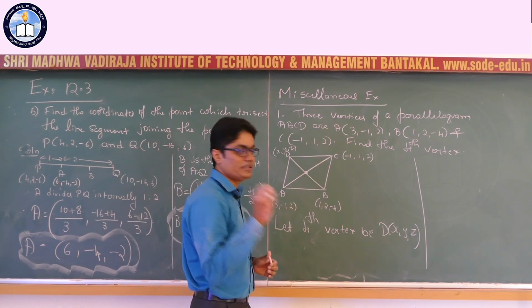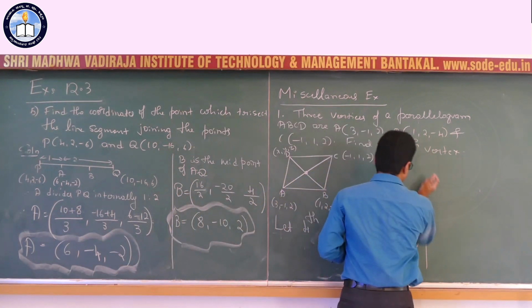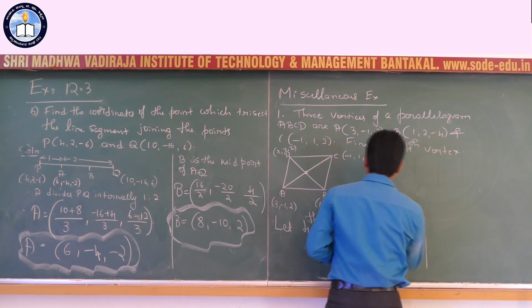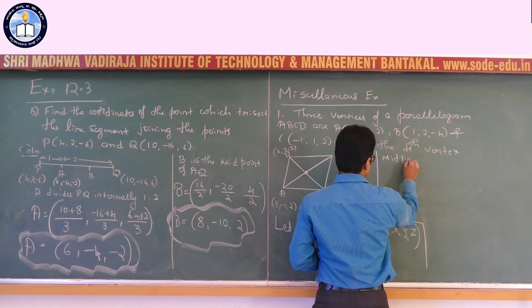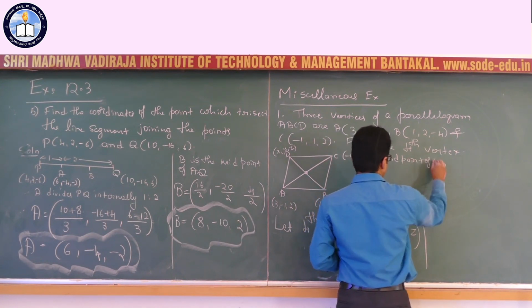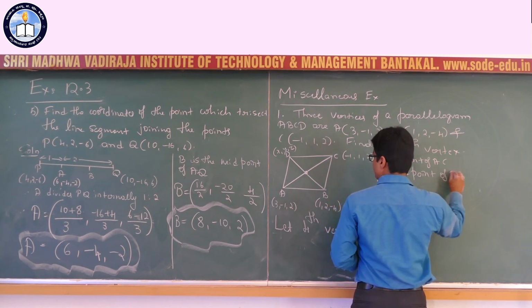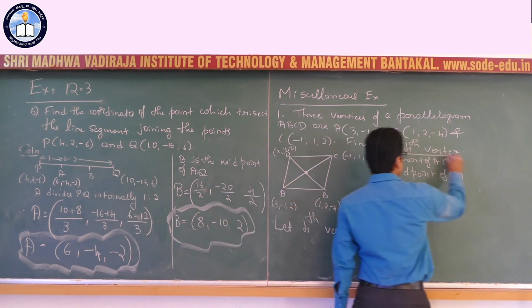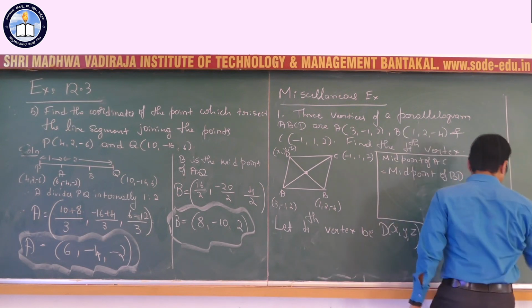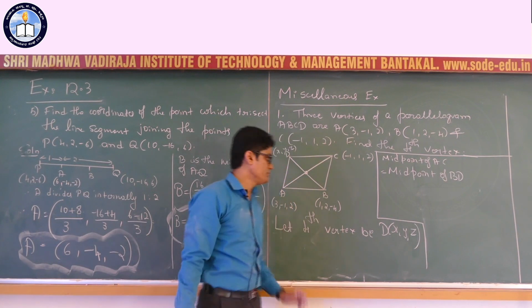Yes, in a parallelogram, diagonals bisect each other, right? So since ABCD is a parallelogram, we know that the midpoint of AC is equal to the midpoint of BD. This is one property of a parallelogram. The diagonals bisect each other is the one common property of the parallelogram, so I am using that.